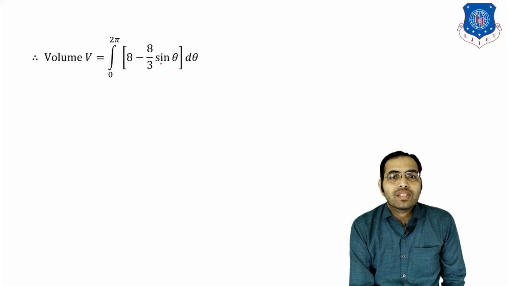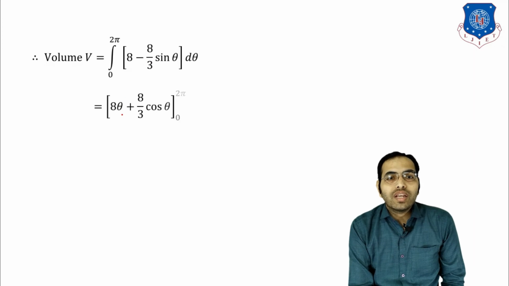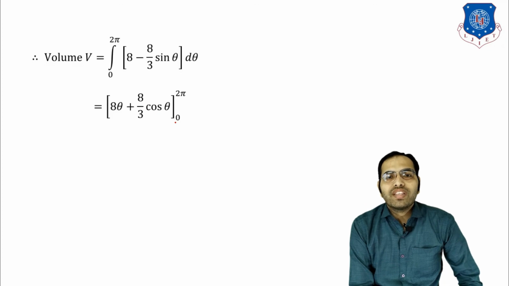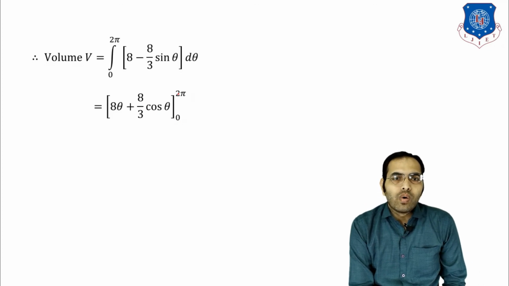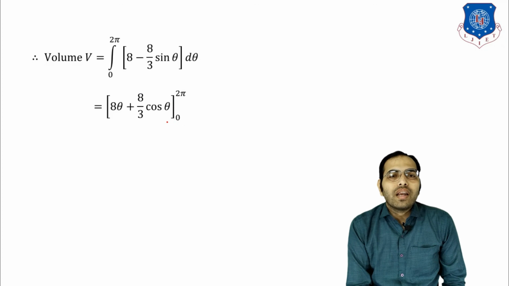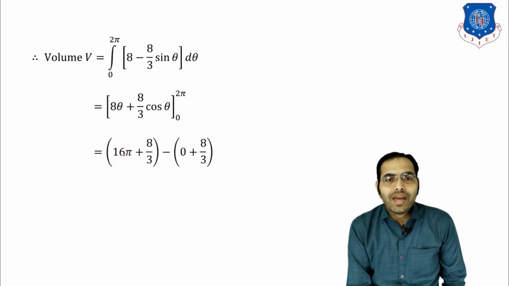Now integrating this with respect to theta, we get 8 into theta plus 8 by 3 cos theta, since the integral of sin is minus cos, and minus minus gives plus, where theta varies from 0 to 2 pi. Now substituting these limits, upper limit minus lower limit, then 8 into 2 pi, that is 16 pi, plus 8 by 3 into cos 2 pi.